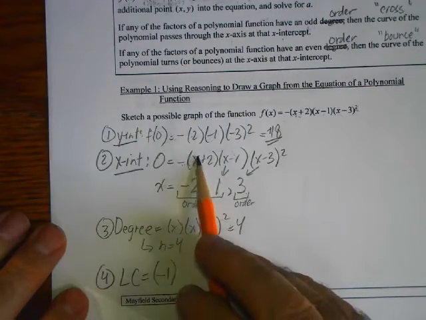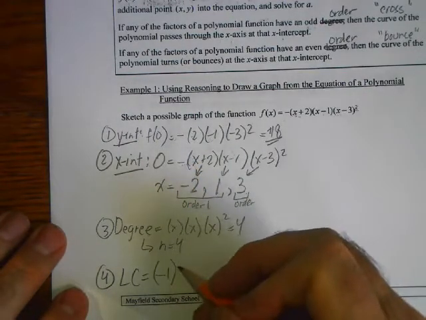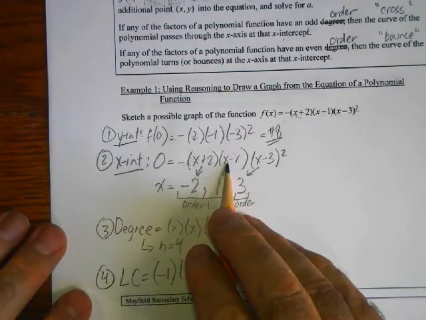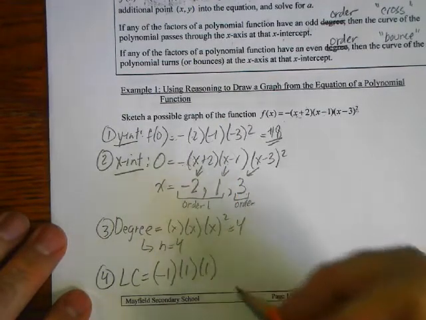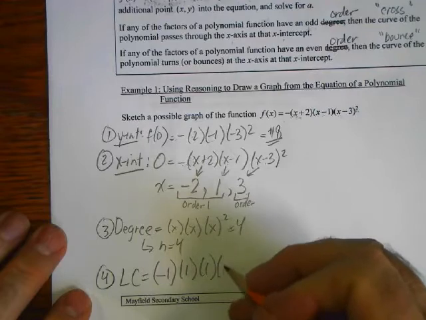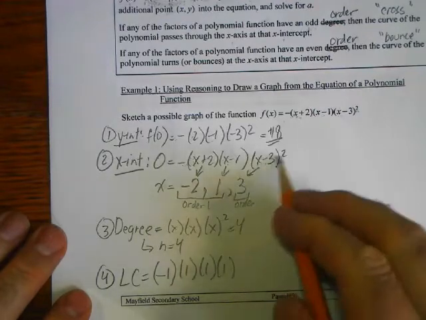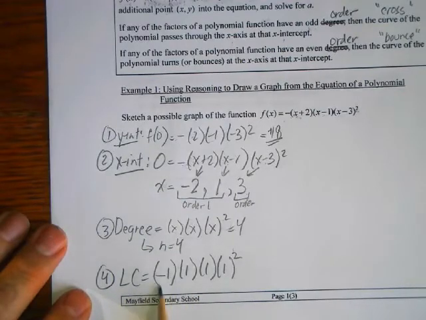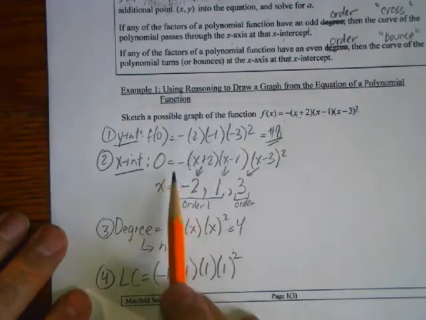And then that x, the coefficient is +1, so there's a 1. That factor, the coefficient is 1. And this one, the coefficient is 1. But don't forget we're squaring it. It's not going to make any difference really, but so that's the -1 from the minus sign up front.